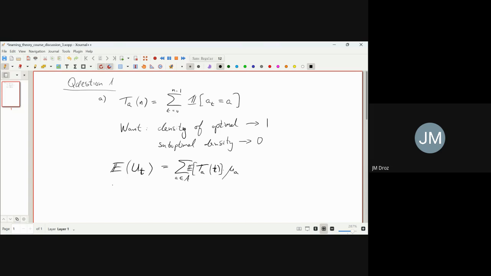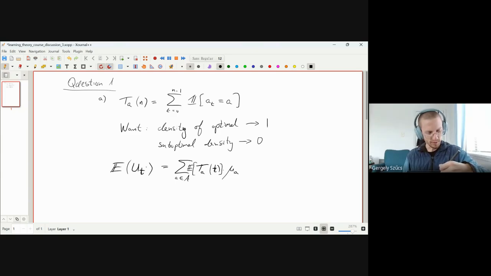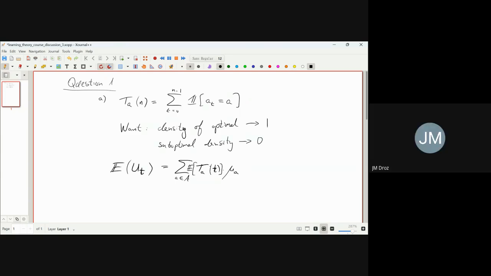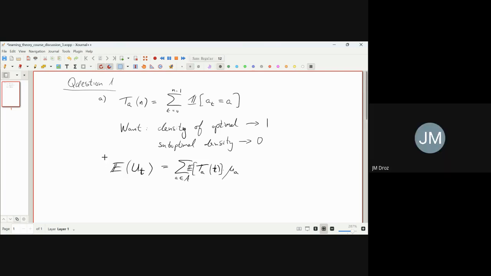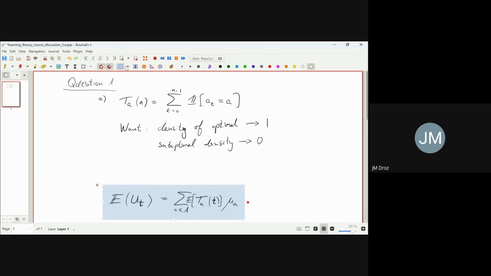Then you can sum over all small t and you get what you wrote before with a large T. You're saying it's the reward at time t. Yes, exactly. The reward at a specific interaction, and then you can sum it over all the possible time steps.